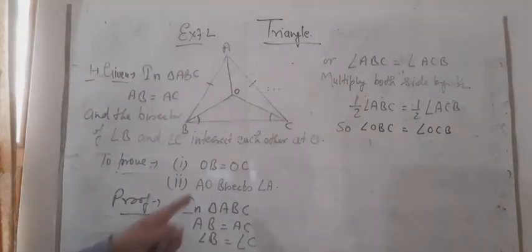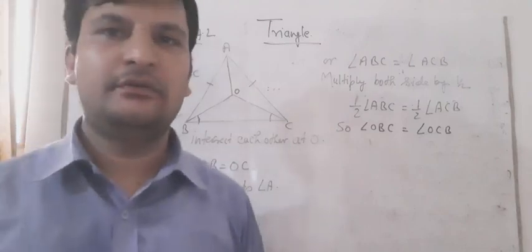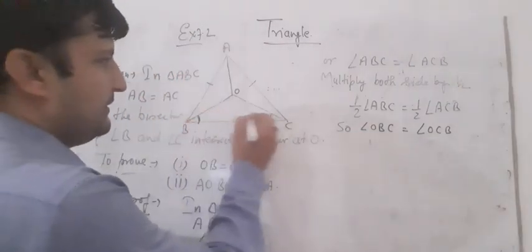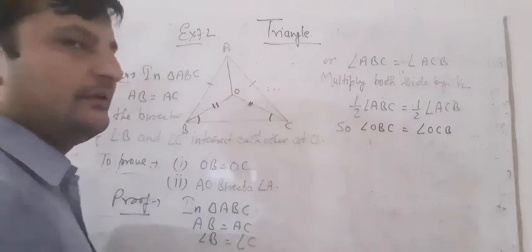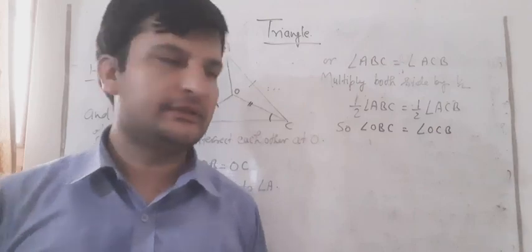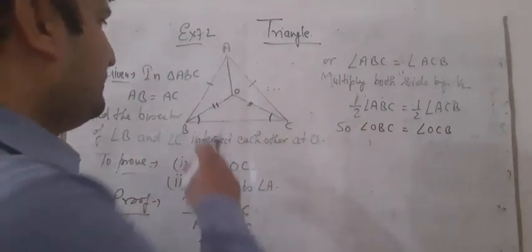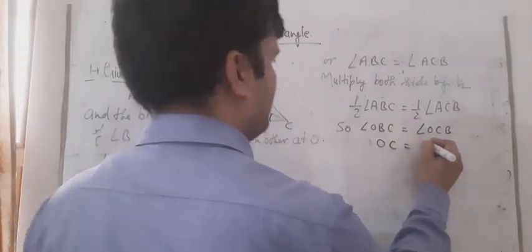Now student, we have to prove that OB is equal to OC. How can we prove it? It is already visible that when two angles are equal, the opposite sides are also equal. So this is the property of an isosceles triangle: angle OBC is equal to angle OCB, means OC is equal to OB.